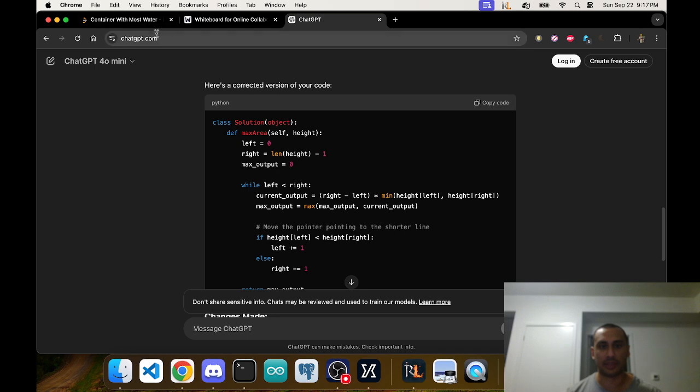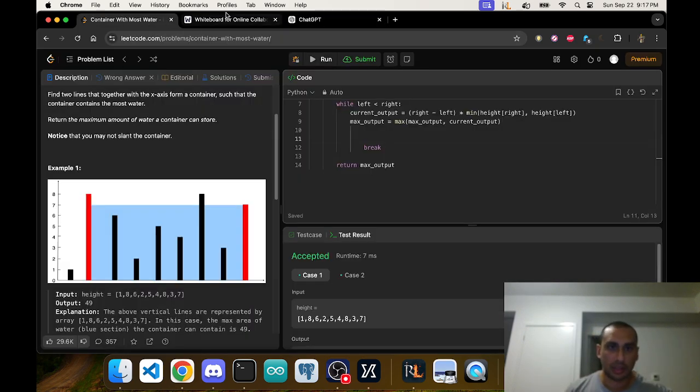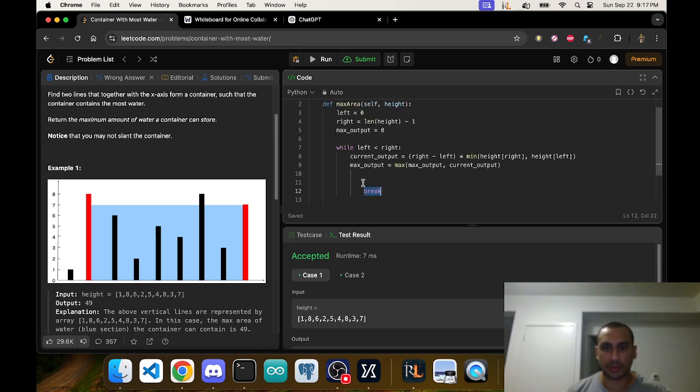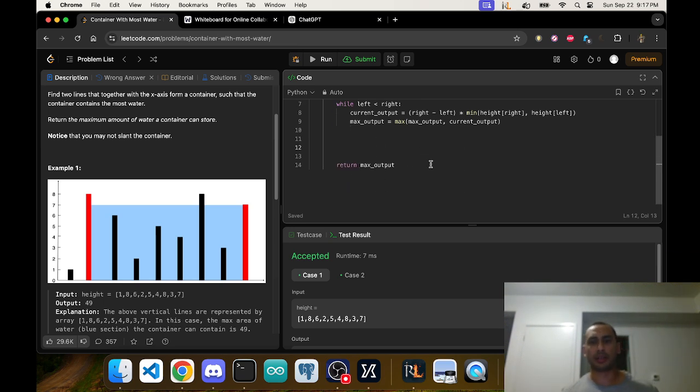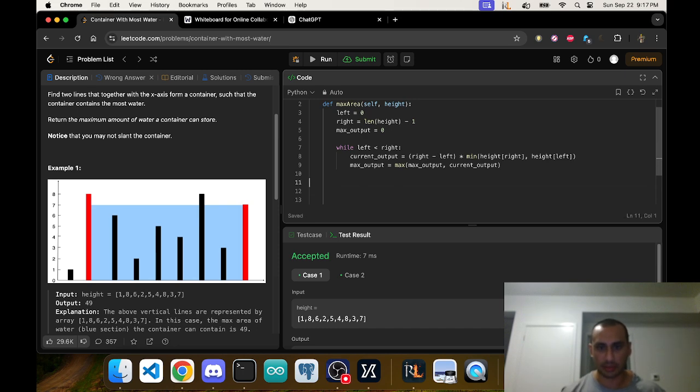So if left is less than right, so we don't cross. And then this is just simple. I kind of overthought it, but I had the general concept correct in the beginning. I just overthought it, and that threw me off. So all I have to do is this: left and right, if height at left is less than height at right, then left plus 1.